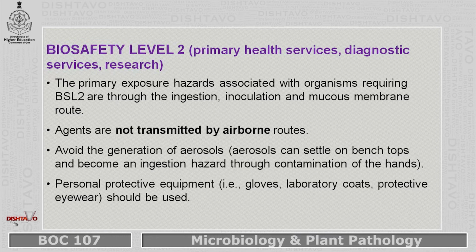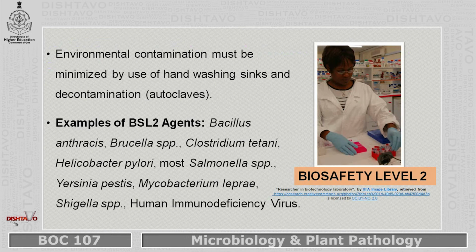We should avoid the formation of aerosols because they are factors by which we can get contaminated with the infectious microorganism. Personal protective equipment, that is gloves, laboratory coats and protective eyewear, should be used. Environmental contamination must be minimized by the use of hand washing sinks and decontamination using autoclaves.